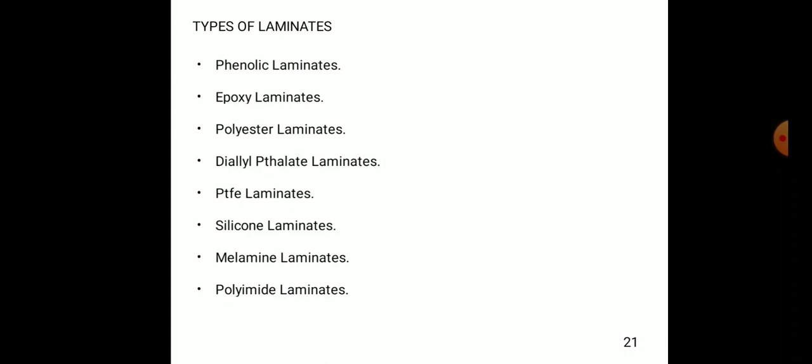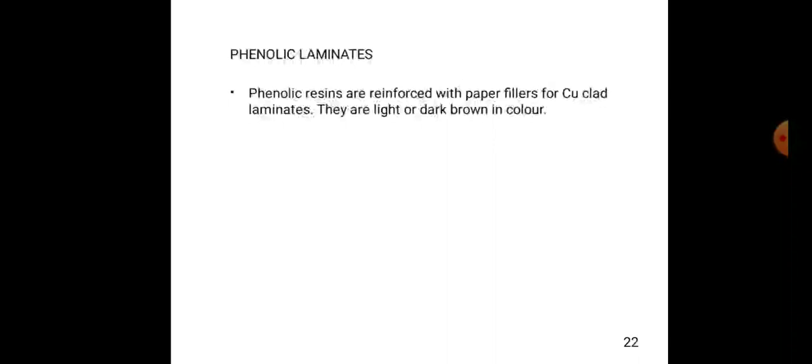Now, briefly try to understand the advantages and disadvantages of these different laminates. Phenolic laminates: for the understanding purpose, try to listen to these things. Phenolic resins are reinforced with paper filler for copper clad laminates.